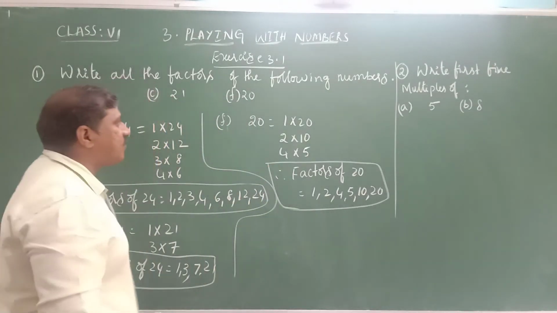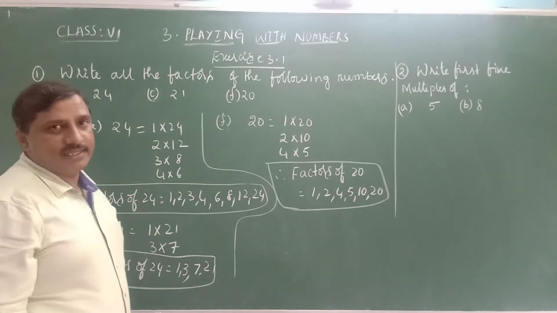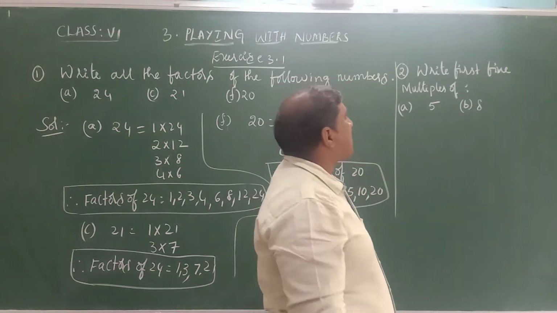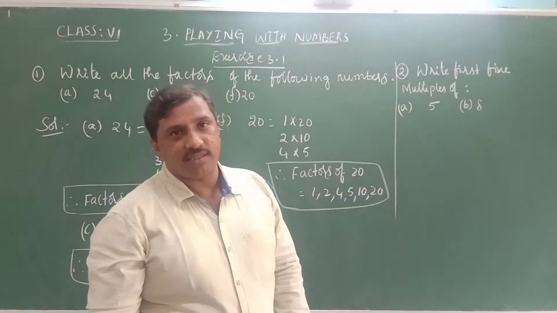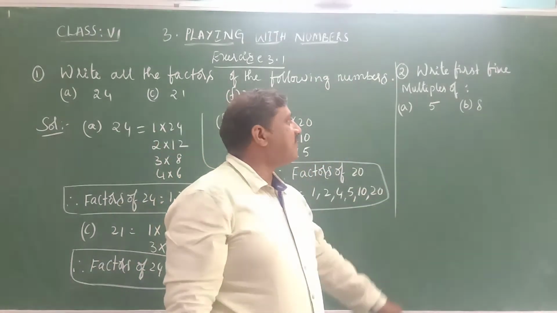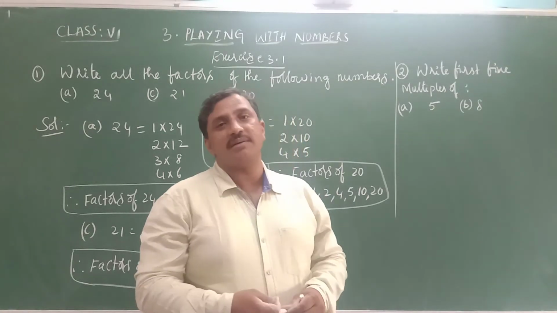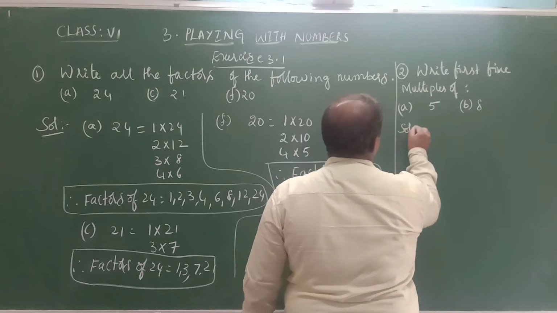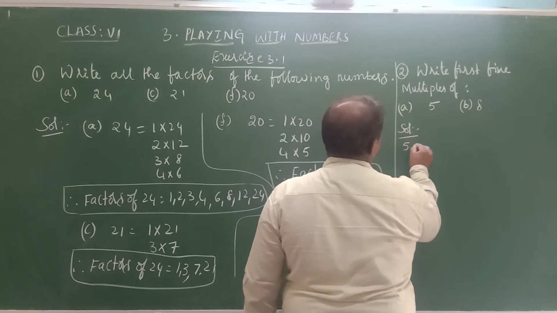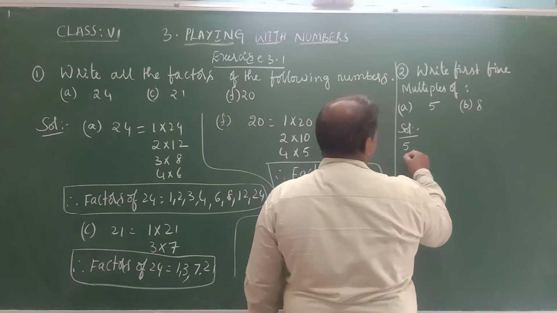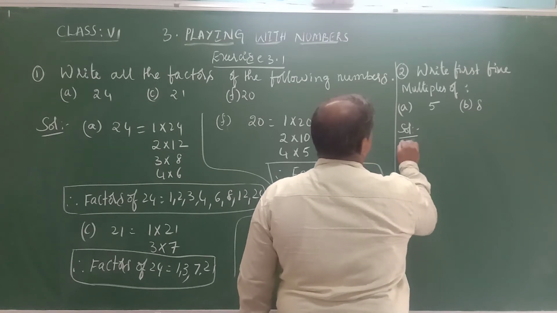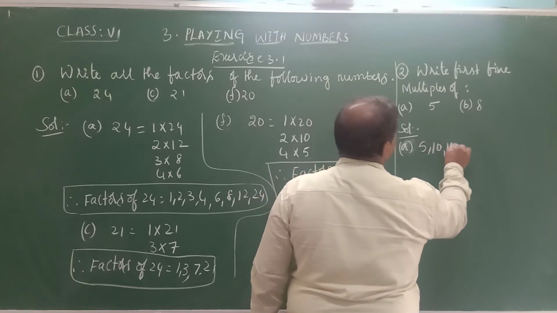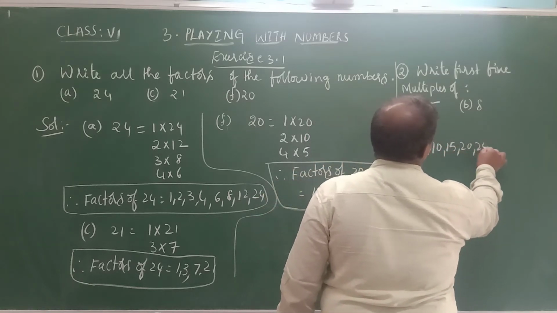Is it clear, children, how to find the factors of the given numbers? Right. Now we will discuss the second question. First 5 multiples of 5 and 8. First bit, A. The first 5 multiples of 5 are 5, 5 twos are 10, then 15, then 20 and 25.